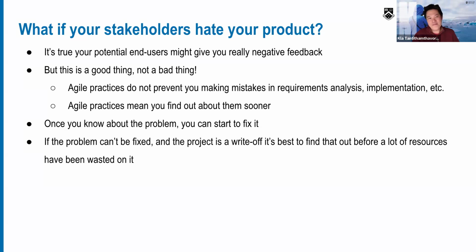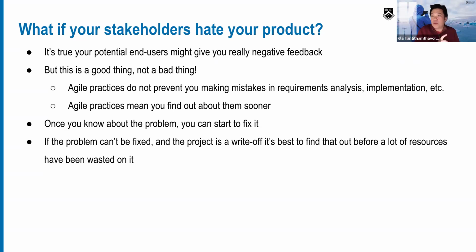I would say that it is a good thing. It means that you receive the feedback. You know their perception early that this is not the right product that they want. So agile practices do not prevent you from making mistakes at all. It's just a process, just a framework, and it's a good thing when you adopt agile practices, because it can help you find out this kind of issue sooner.